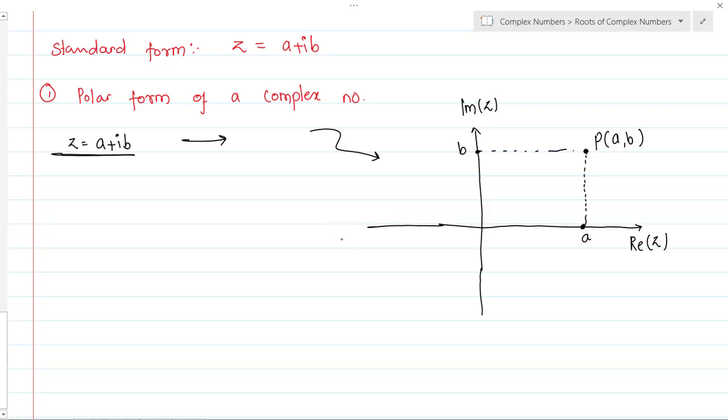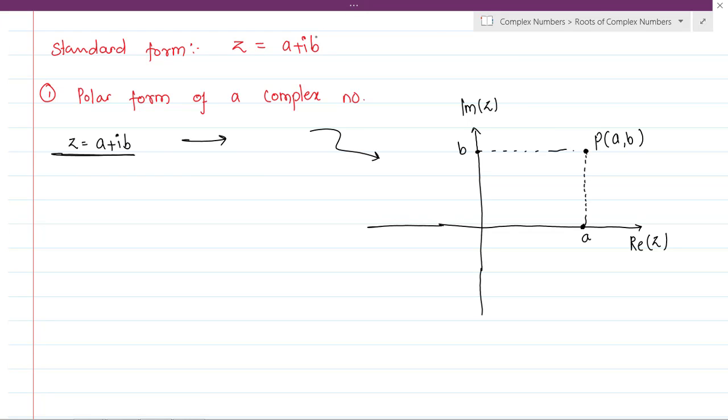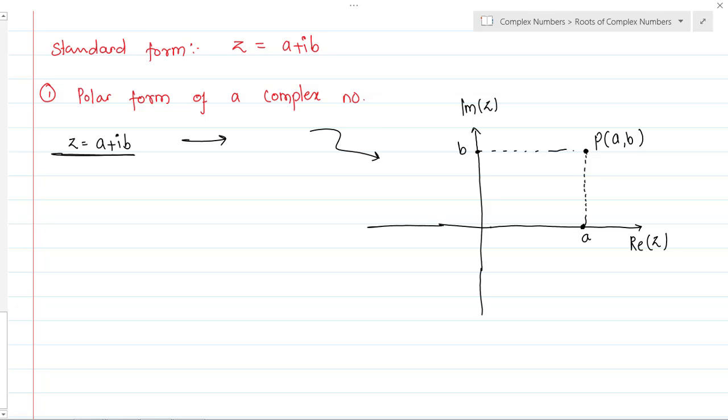Perfect. So what is the polar form? It's very simple. If I join this P and the origin, what is the length of OP? Can anybody tell me what is the length of OP? Square root of a square plus b square.